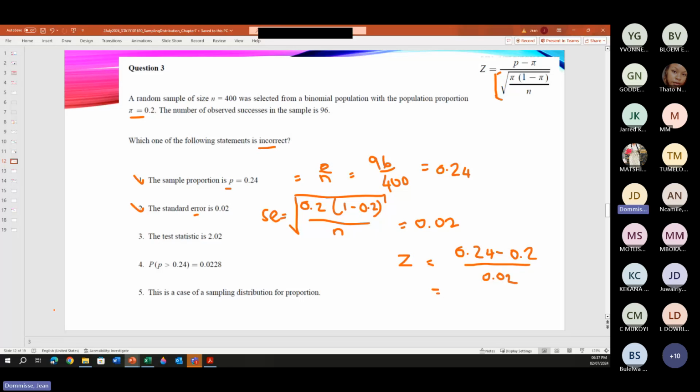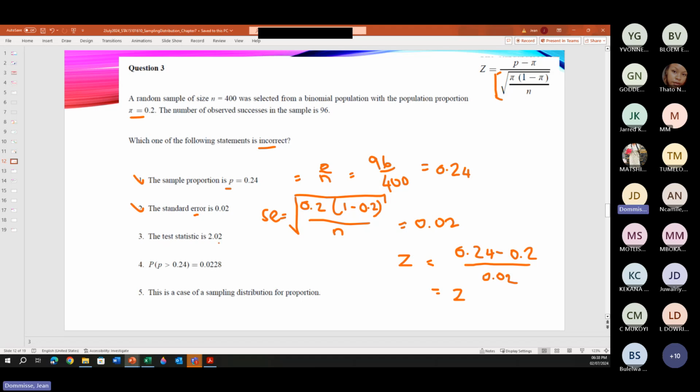So if we work out that, it is equal to 0.24 minus 0.2 divided by 0.02. The answer that I get is exactly 2.